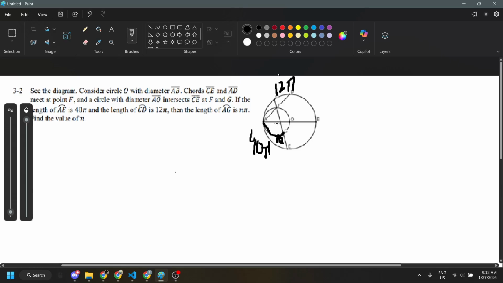The circle intersects at F. So this is just like a triangle, but there's no length here. N is clearly less than 40, but I could not tell you how to get that number.